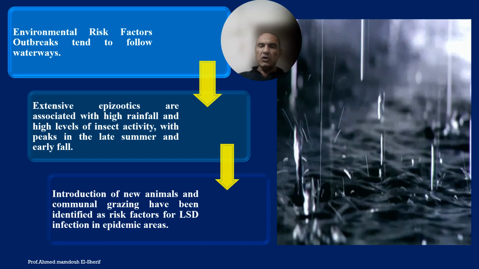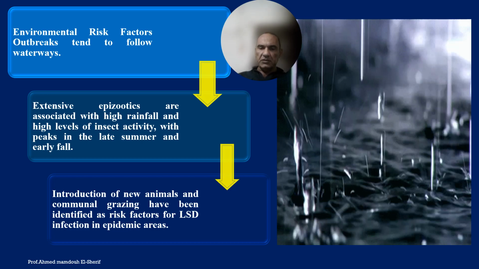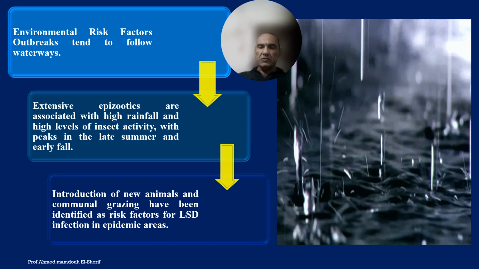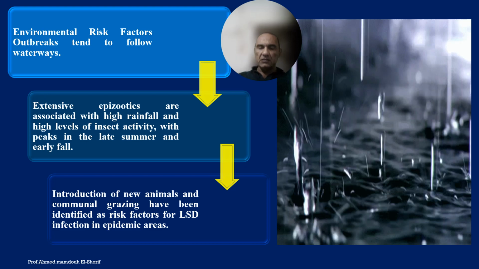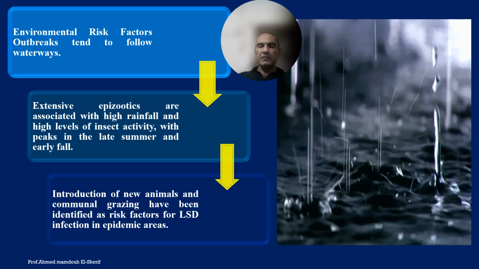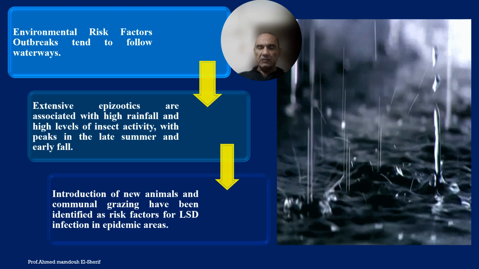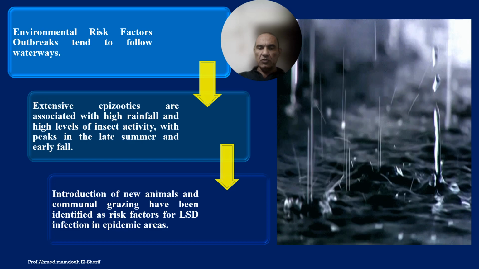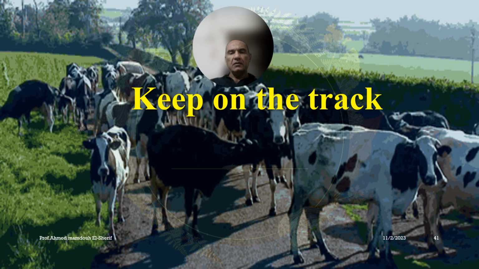This is noted in all the Egyptian epidemics of 1988, 2006, 2012, and 2014. These outbreaks were reported directly after introduction of new animals through importation from infected areas.